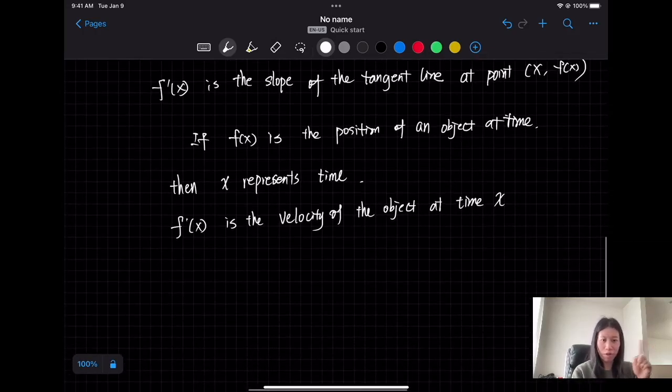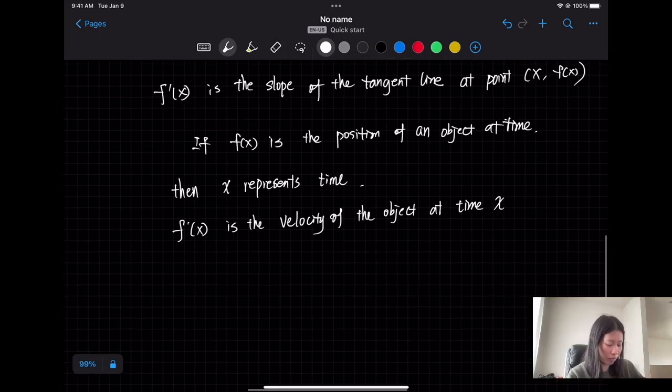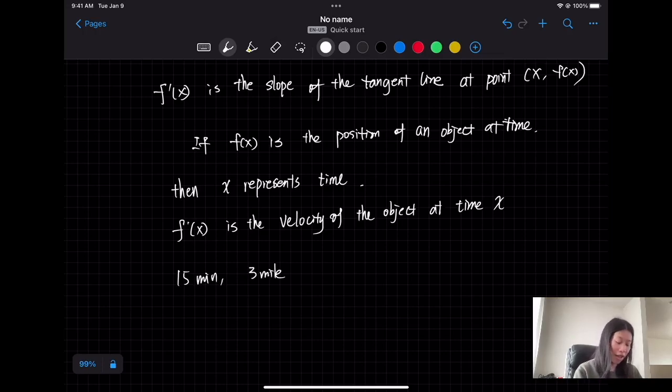Just like when you're driving, you will see on the dashboard your speed will change all the time. Maybe on average it takes me 15 minutes to drive to school, and the total distance is, let's say, 3 miles. So can I say that my average driving speed is 12 miles per hour?